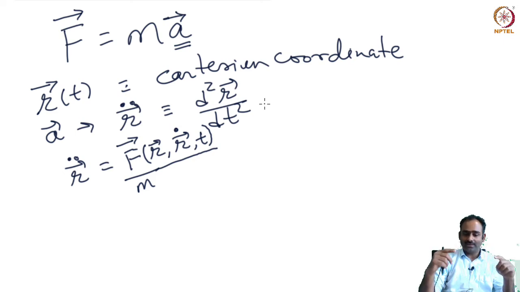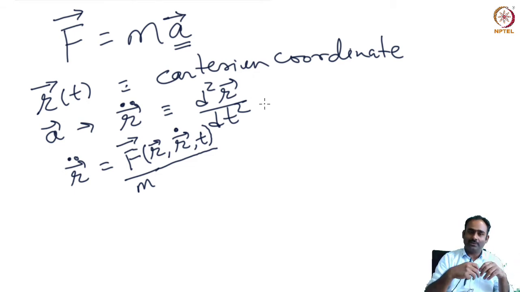Now, if you know the acceleration at any point of time, then you can integrate that equation and get the trajectory. You can tell where the particle would be at any later time t if you solve this equation, and on top of it you have to specify initial conditions: where it was at time t equal to 0, how fast it was moving at time t equal to 0. That information will be sufficient to tell all this.